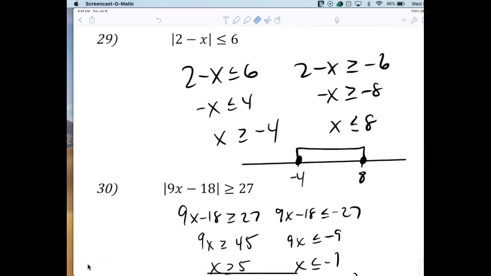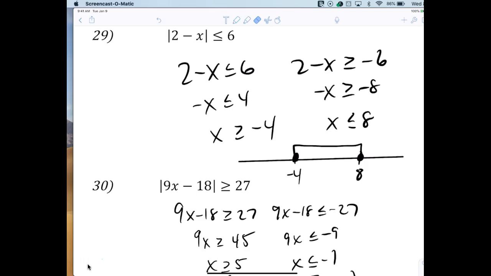This was a nice, straightforward problem also. How do you solve an absolute value inequality, right? Write it. 2 minus x is less than or equal to 6. 2 minus x is greater than or equal to negative 6. Got it? Yes, ma'am.